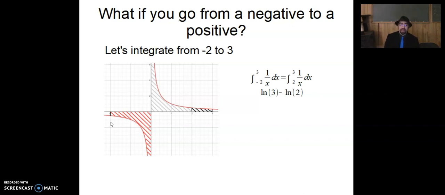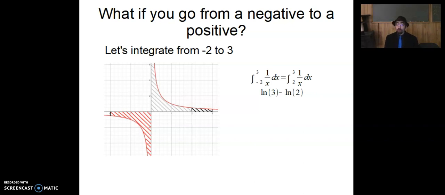And so what we find is, in all cases, whether you start with a negative and end with a negative, or start with a negative and end with a positive, or start with a positive and so end with a positive, assuming your integral is set up properly and your upper bound really is bigger than your lower bound, the absolute value rule still works.